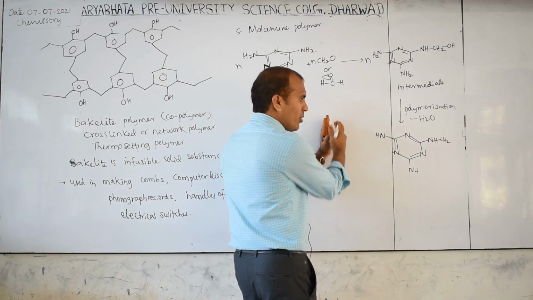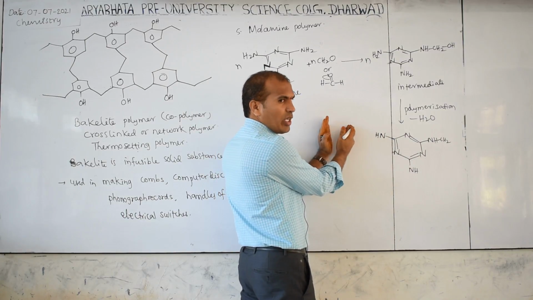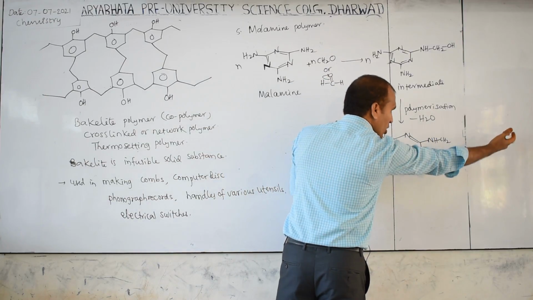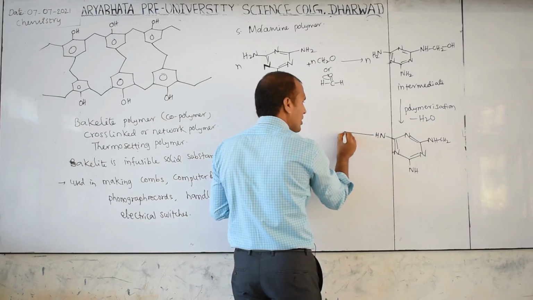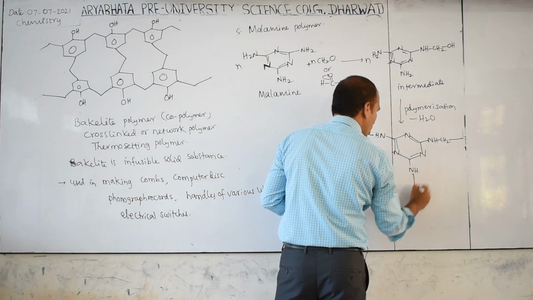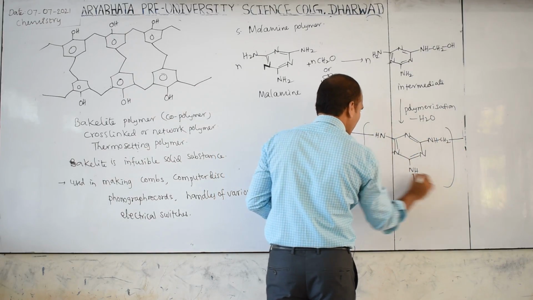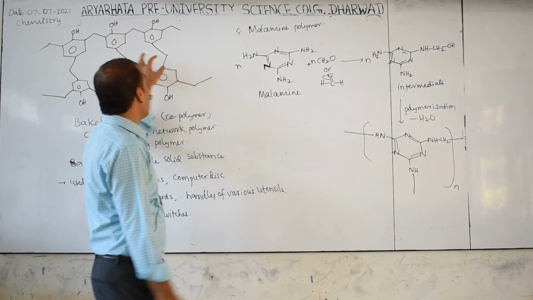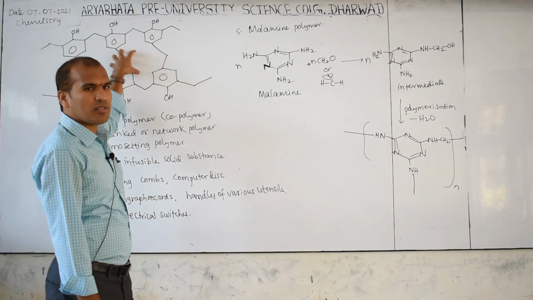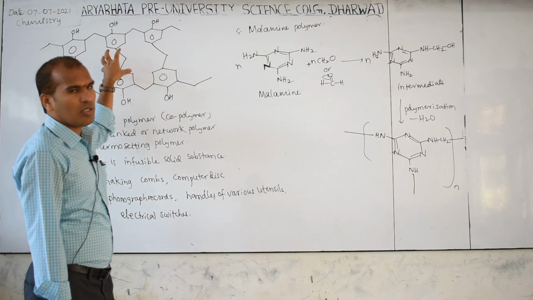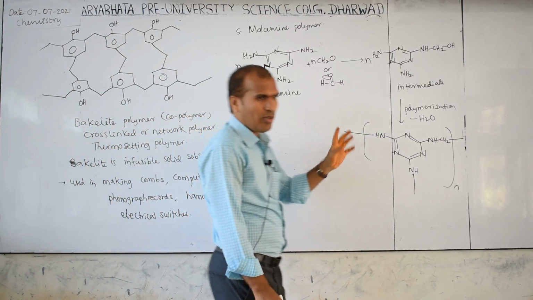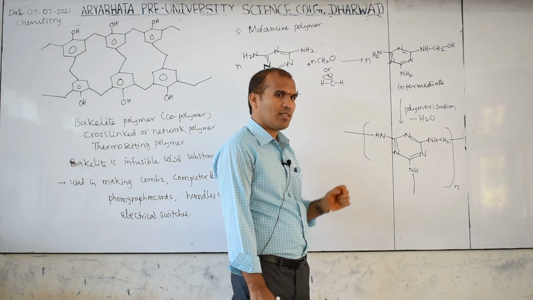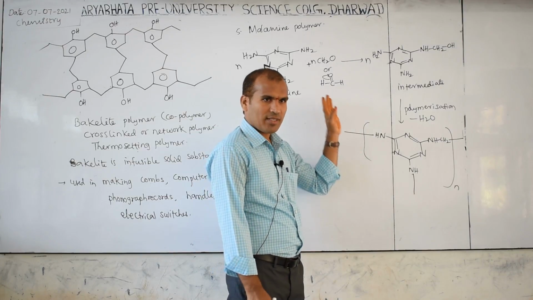Like this, bond after bond, totally taken N times. Actually writing it like this is a time-taking process and a big molecule will come. Therefore, you have to imagine it in your mind and write. It does not come immediately, so you have to practice this structure 2-3 times.